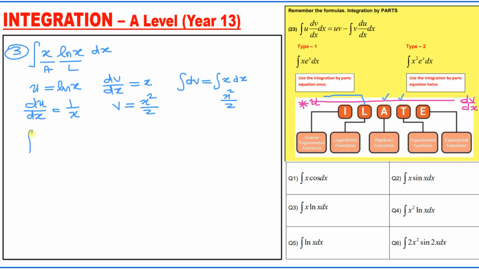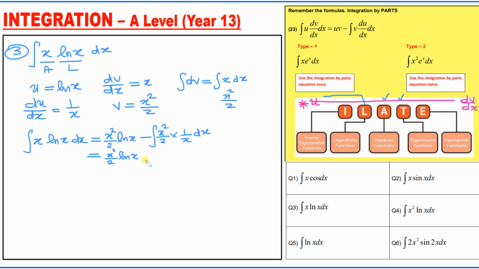So now we are going to write integration of x ln x dx, that is equal to u times v, u is ln x, so v is x squared over 2 ln x, minus integration of v, v as in x squared over 2, du over dx is 1 over x dx. So if you keep on doing that, x squared over 2 ln x.